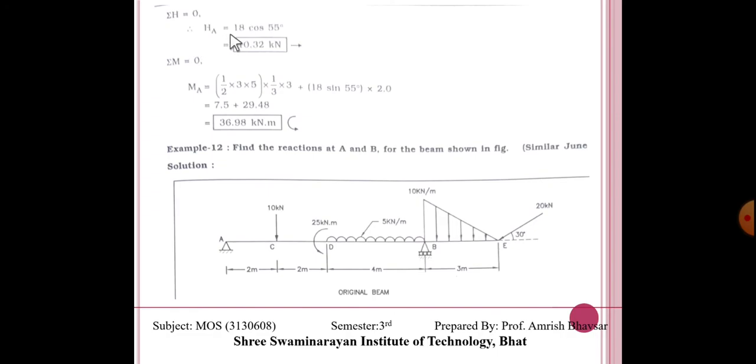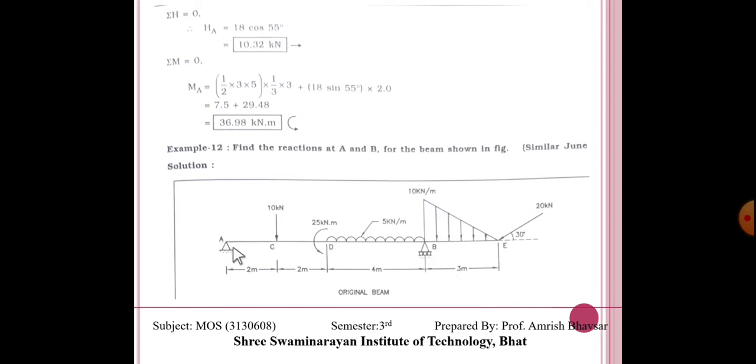That's why HA is equal to 18 cos 55. So it is 10.32. Sigma M is equal to 0. That's why MA is equal to 1/2 into 3 into 5 into 1/3 of 3 plus 18 sine 55 into 2. So we will get MA is equal to 36.96. Clear? And the summation of the vertical force, that is VA.